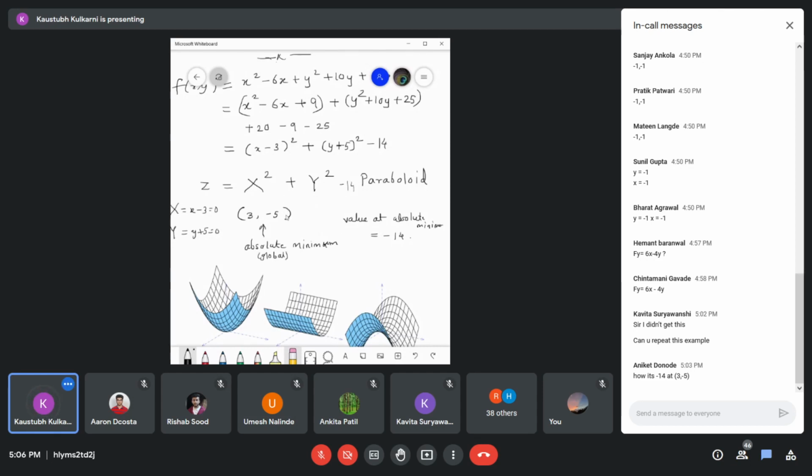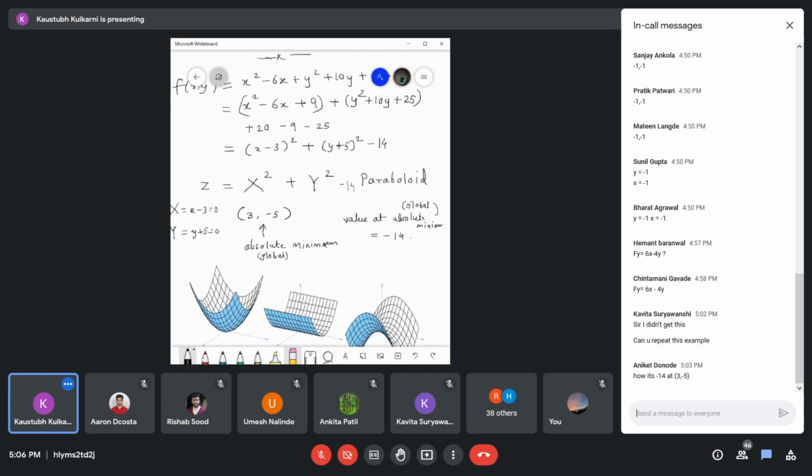Okay? Global minimum, and the global minimum value of the function is minus 14, because when you substitute capital X equal to 0 and capital Y equal to 0, then Z is equal to minus 14. So the minimum value is minus 14.